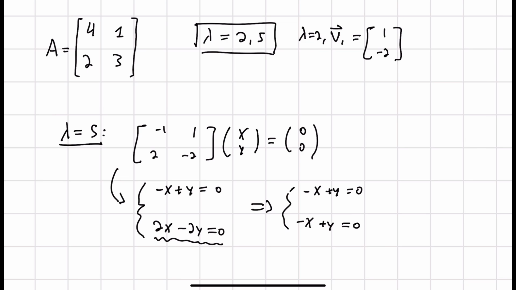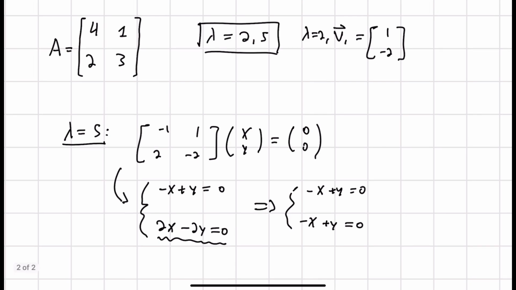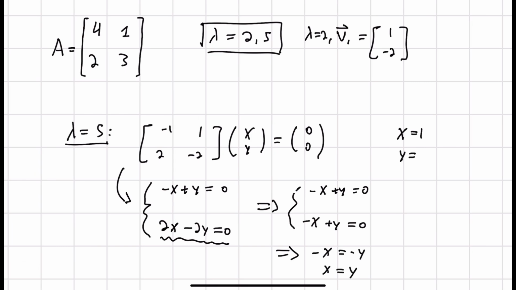So we can see that these two equations are also the same, so we can find our eigenvector. So let's choose x equal to 1, and we can see here that minus x is equal to minus y, which means x is equal to y, so that means y is also equal to 1. So when our eigenvalue is equal to 5, our eigenvector can be 1 and 1.